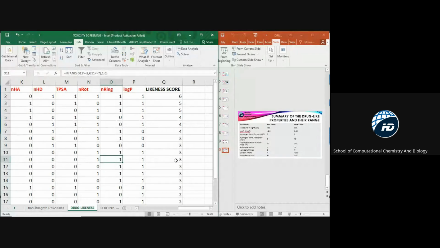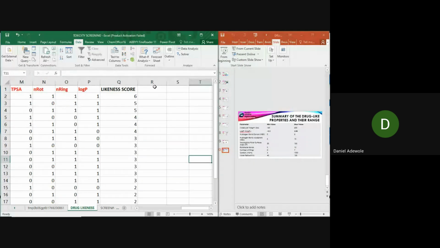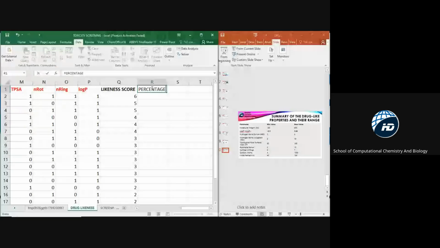So we always say 70%. Let's take it to percentage so that we can look at it clearly, dividing over 6 times 100.